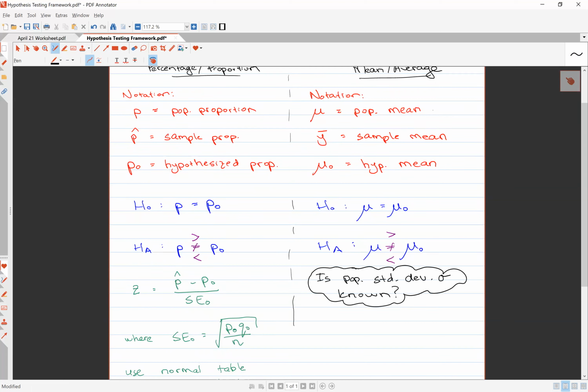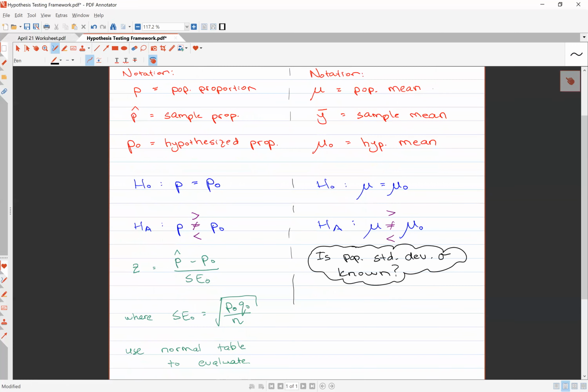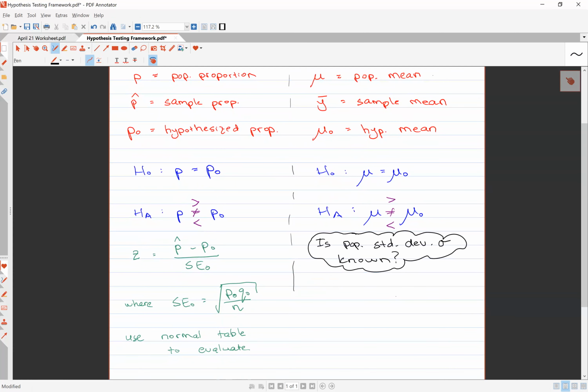And depending on the answer to this question, you'll follow a different approach. And this will be clear in the formulation of the problem. It will say the underlying population has a standard deviation of 2, or it will say the sample standard deviation is given by a specific number.